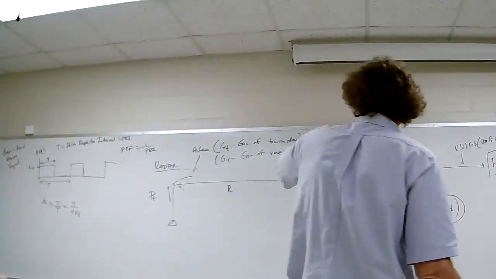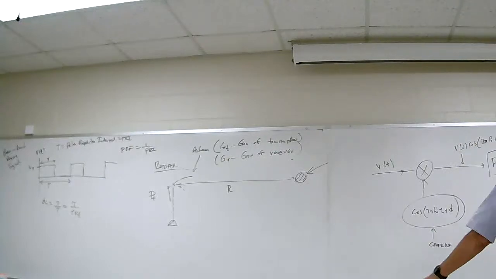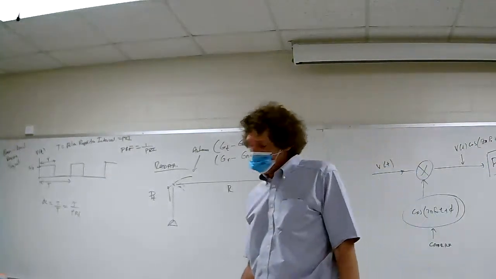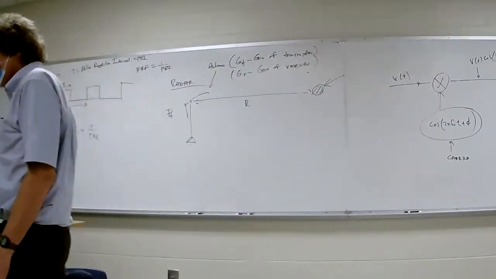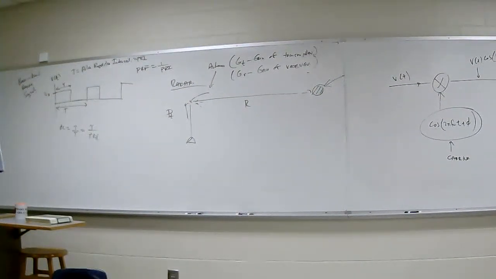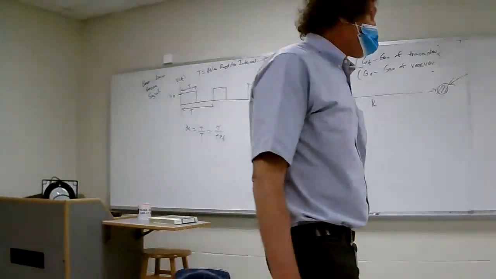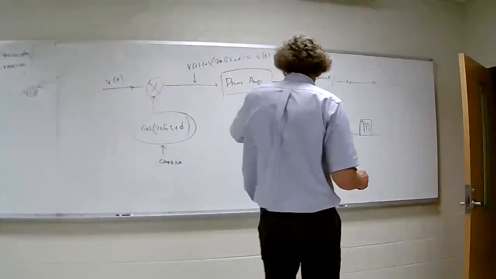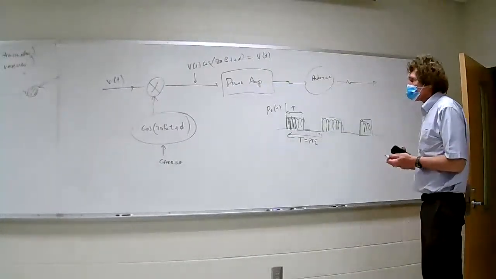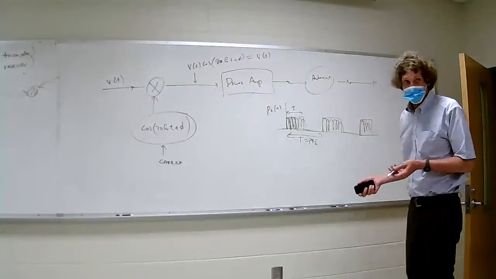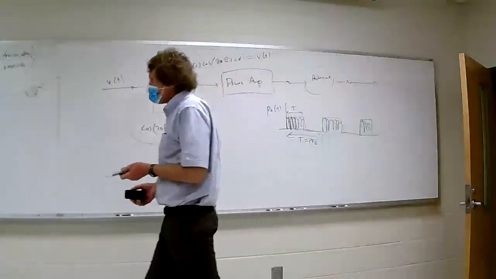They talk about PRF the way we talk about 60 hertz. PRF is maybe kilohertz to hundreds of kilohertz, sometimes megahertz. So this is just the transmitter portion of the antenna circuitry, and what comes out the antenna is a very high frequency, amplitude modulated waveform.